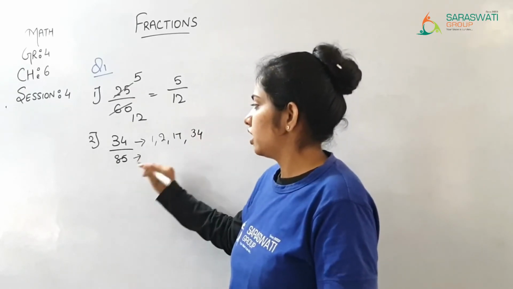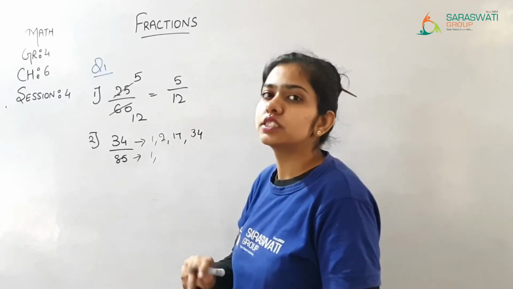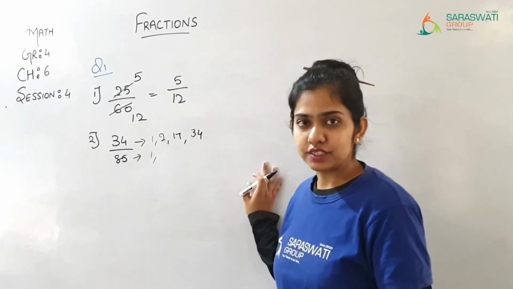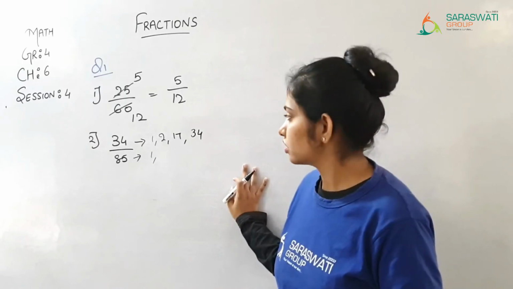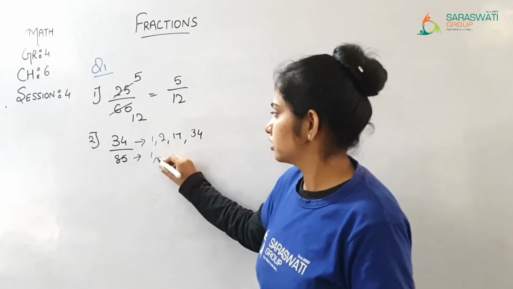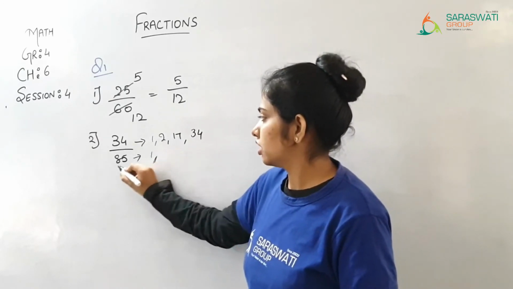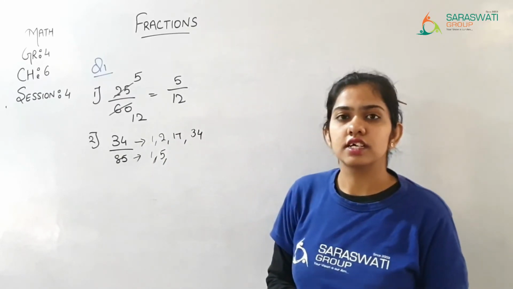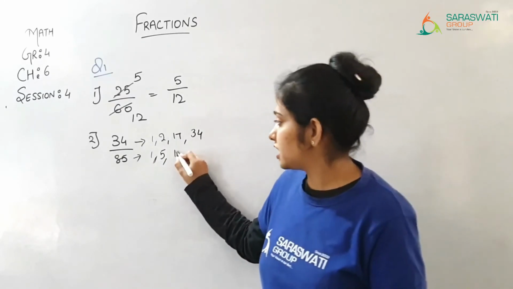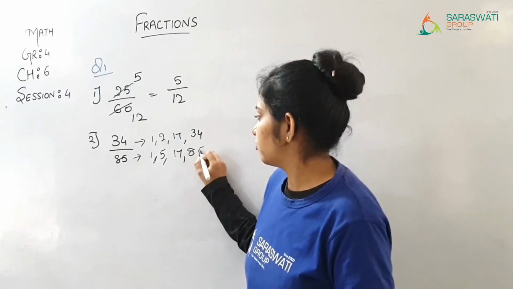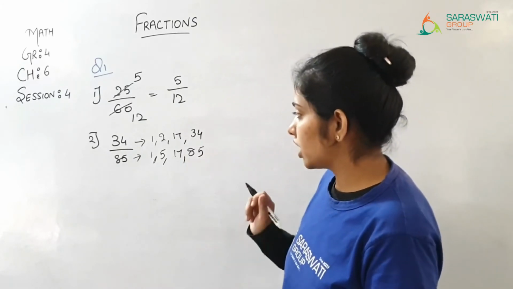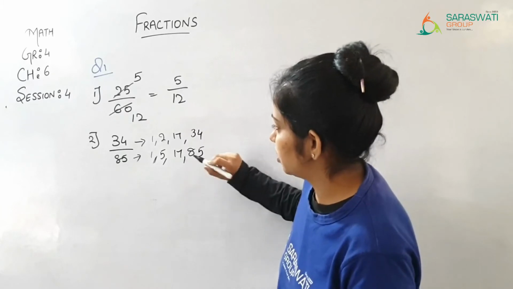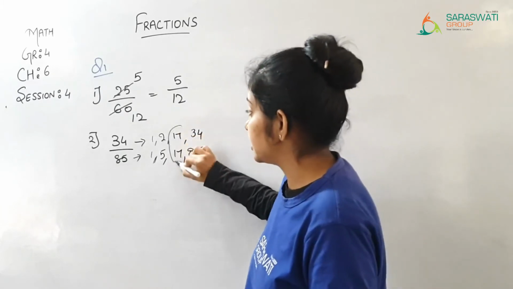Now 85: 1, then 5, then 17 and 85. So you can see over here the common factor between these two is 17.